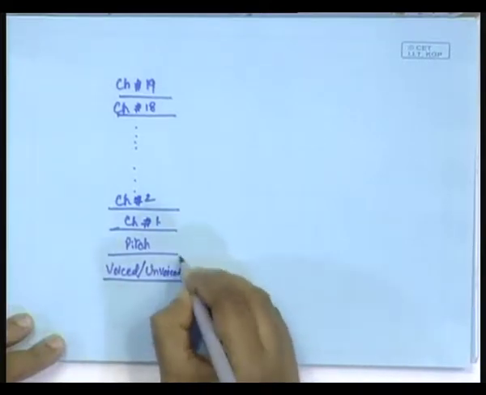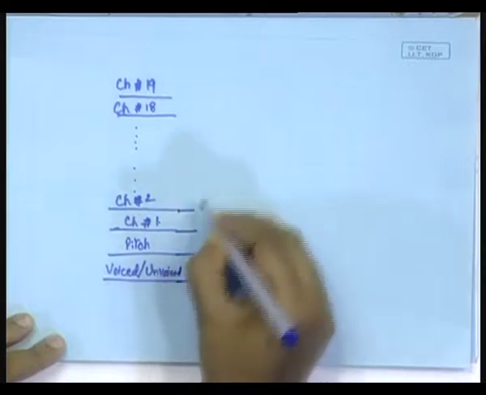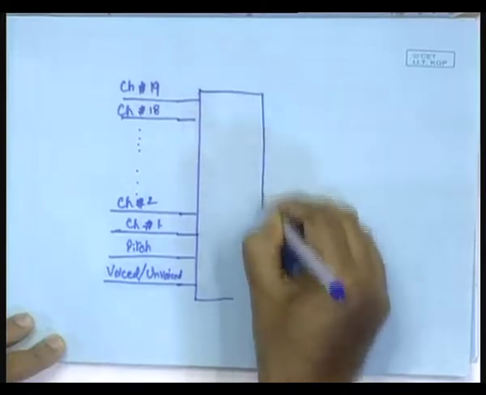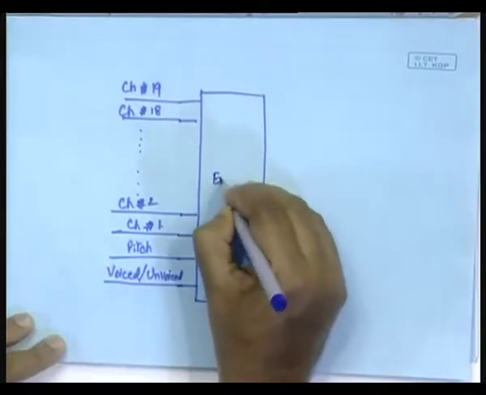So, all this will get encoded. Okay. So, there will be an encoder which will be encoding this information together.